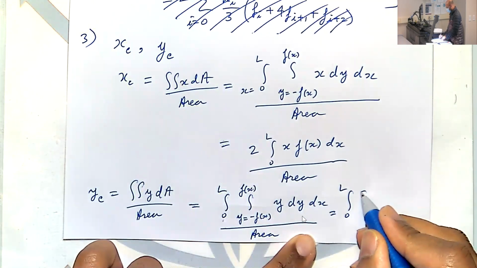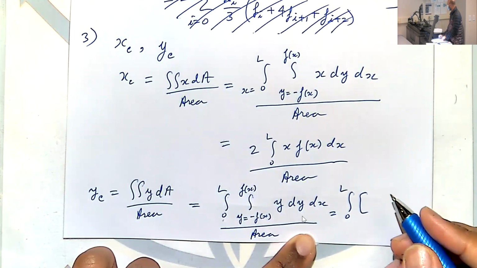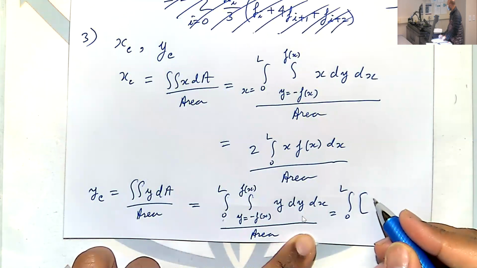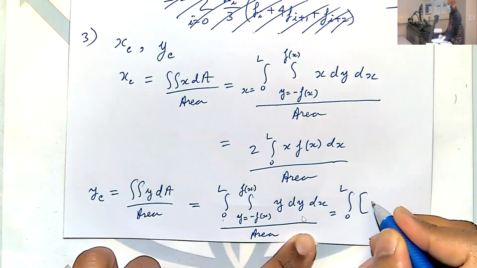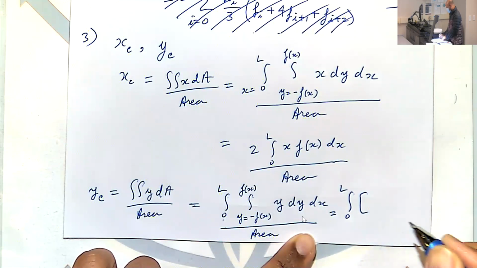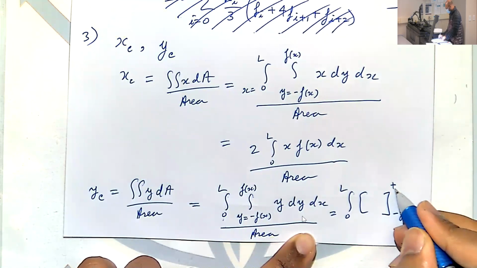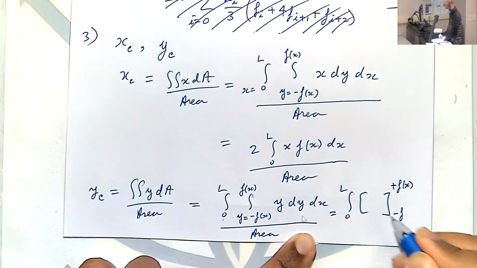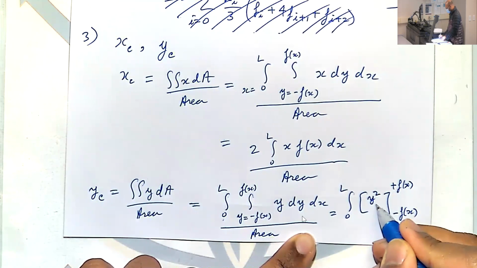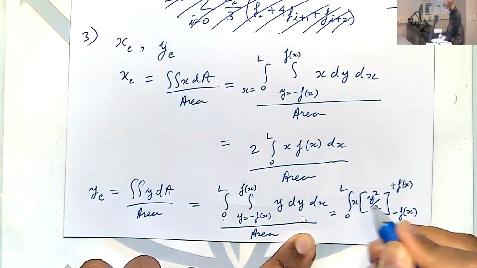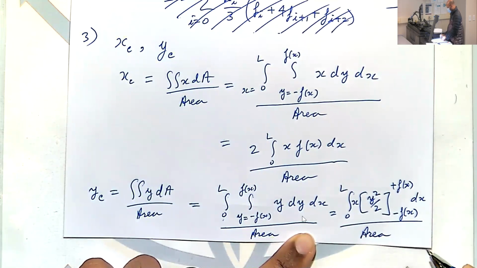Tell me what goes inside. I'll put the limits. So this is negative f and plus f. What's inside here? Okay, y squared over 2.